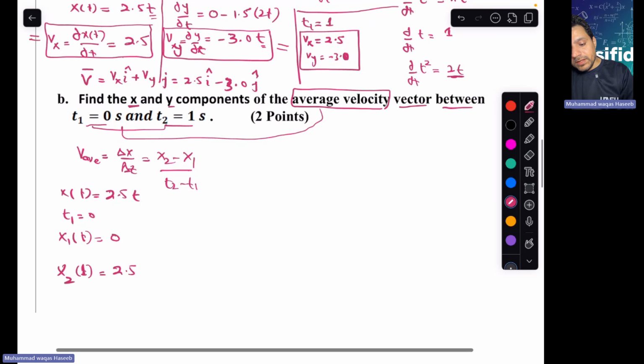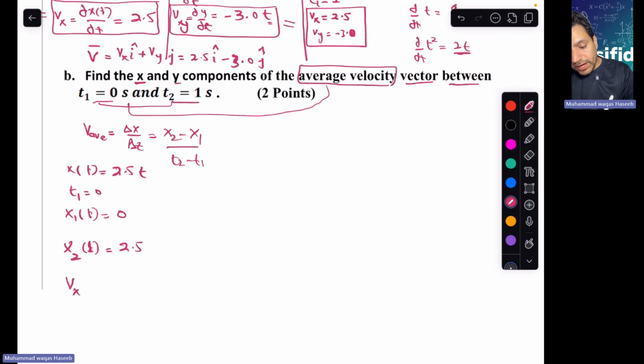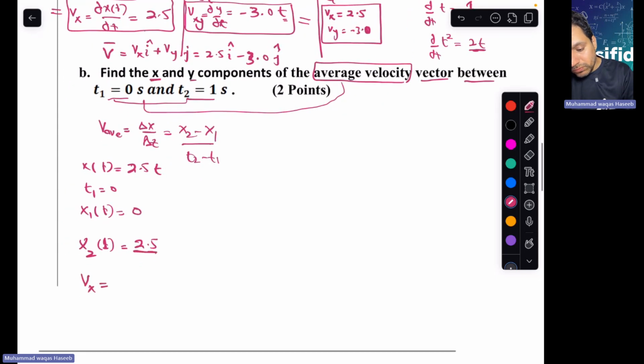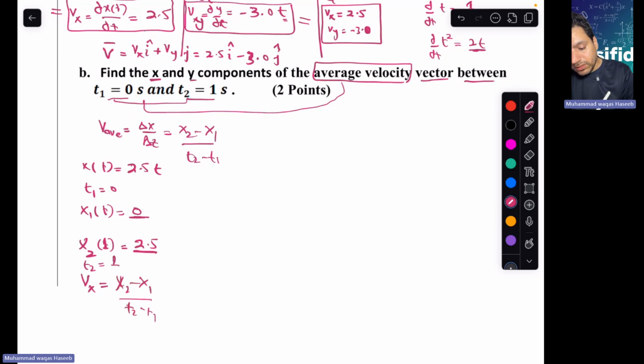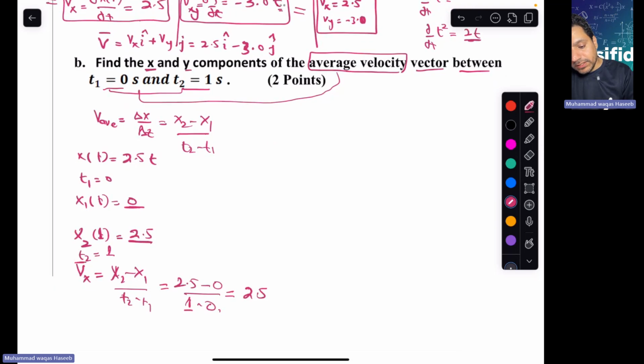So the velocity along x is x2 minus x1 divided by t2 minus t1, where t2 is 1, which is 2.5 minus 0 over 1 minus 0, so you get 2.5. This is your average velocity along x.